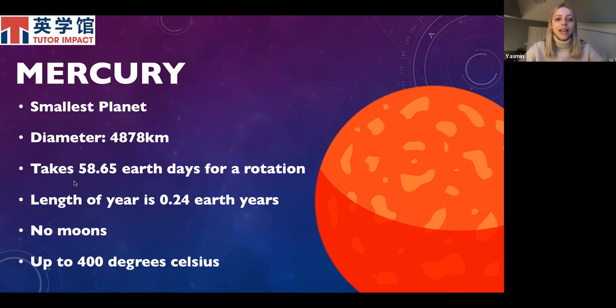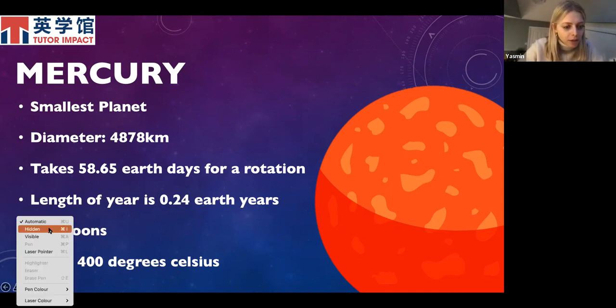So as you can see here, the diameter of Mercury is 4,878 kilometers. Now, the diameter, if you think of a circle, I'll draw a circle here to help you describe this.